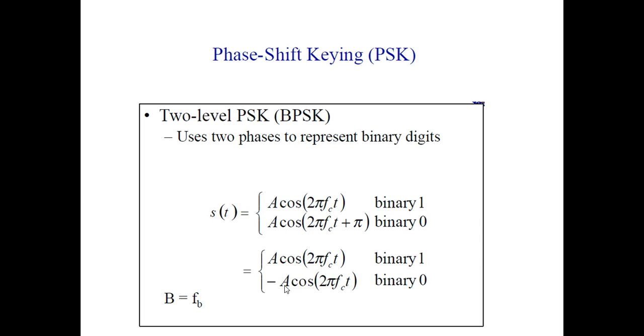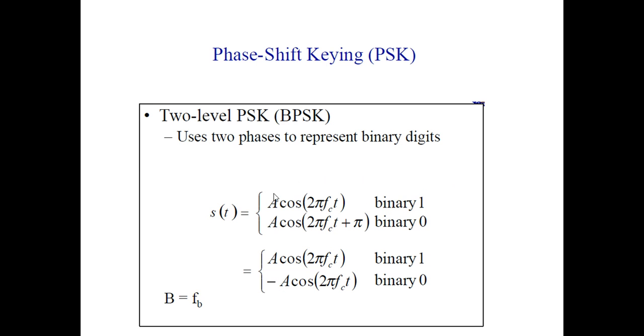Similarly, in phase shift keying there are two levels because the phase changes. We use two phases to represent the binary signal. We keep in mind that if one property is changed, the other two are kept constant, so if we change the phase, the frequency and amplitude are kept constant.